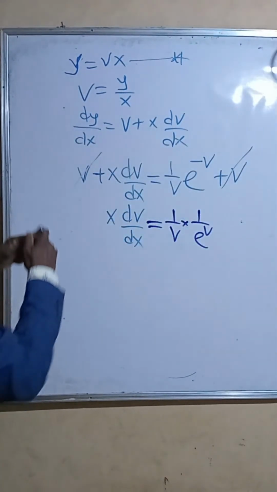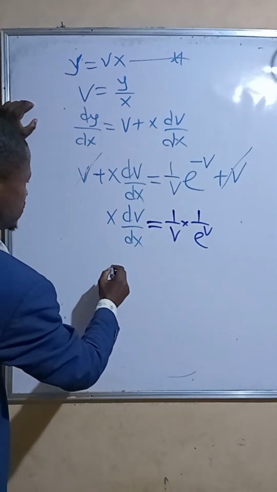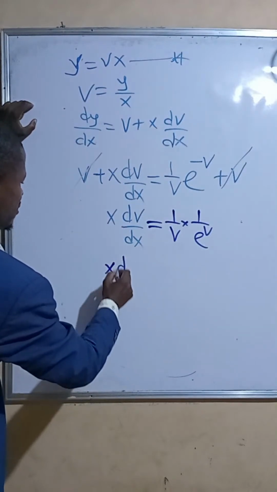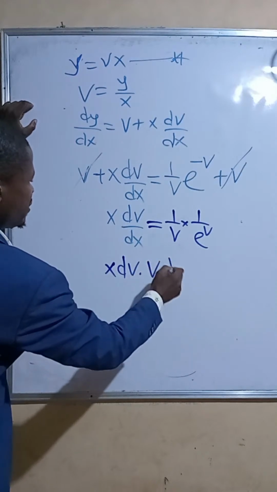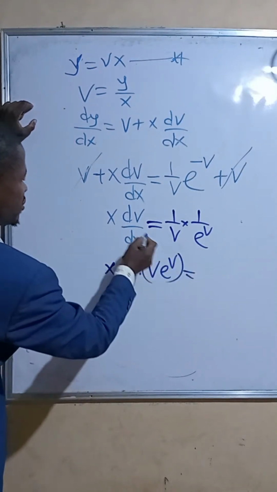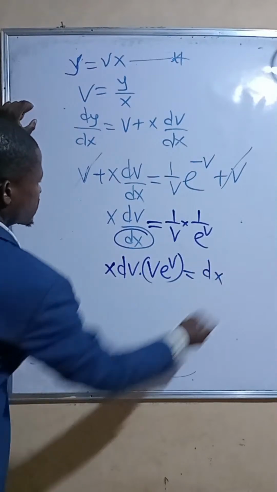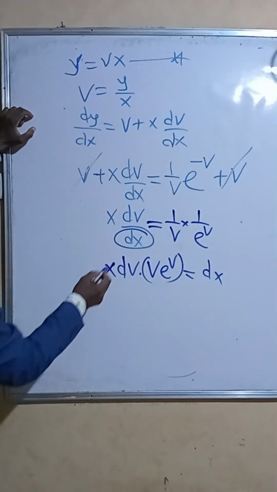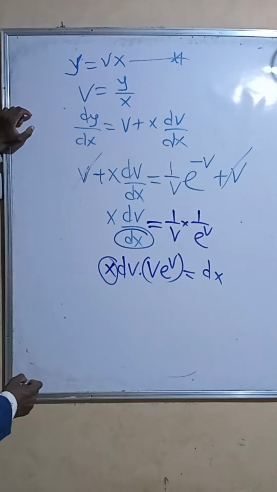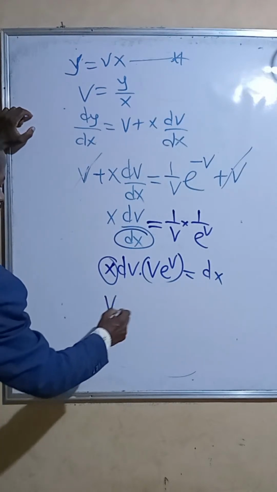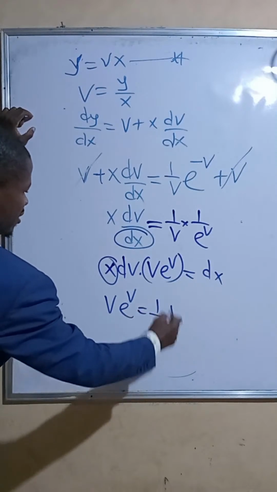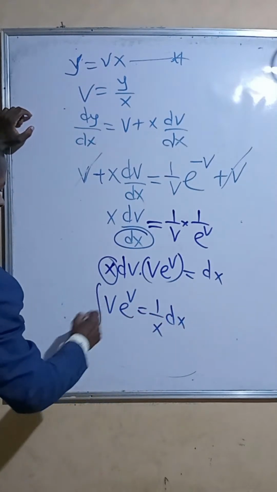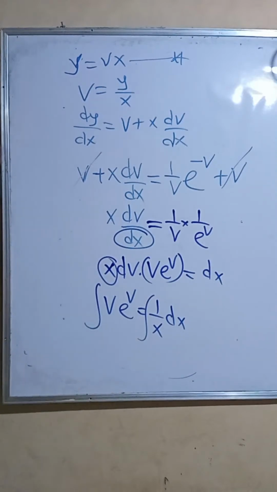So we now have x dv times v e^v, cross multiply, and then remove this dx from here, and also remove this x from here. So I'm having v e to power v dv equal to 1 over x dx, and then integrate both sides of the equation.